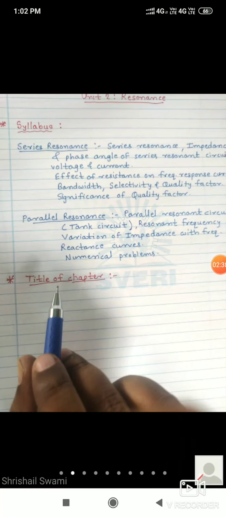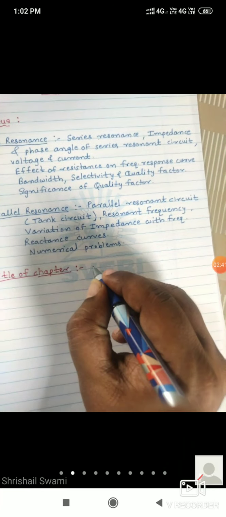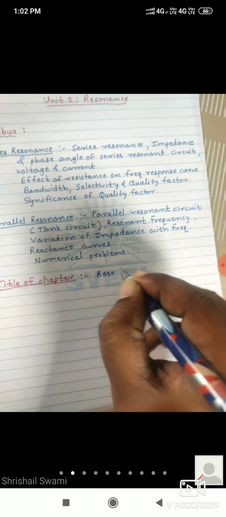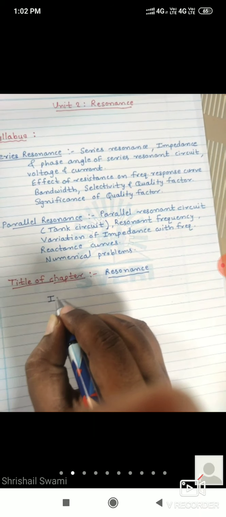After the syllabus, the title of the chapter is resonance. So what do we mean by resonance first of all?